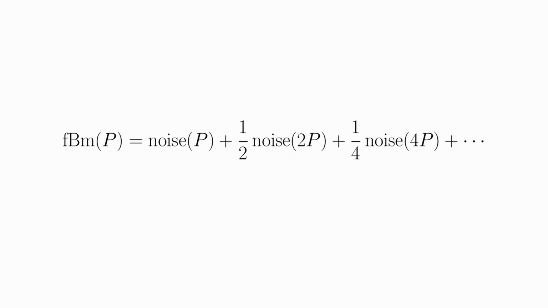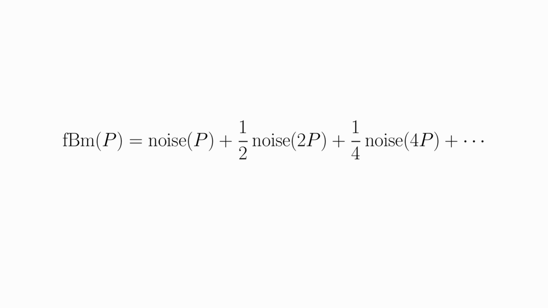We can obtain a non-homogeneous characteristic of our pattern if we replace addition by multiplication. Recall that we constructed the FBM function by summing the consecutive multiples of noise when we multiply the position and the amplitude by the powers of 2.